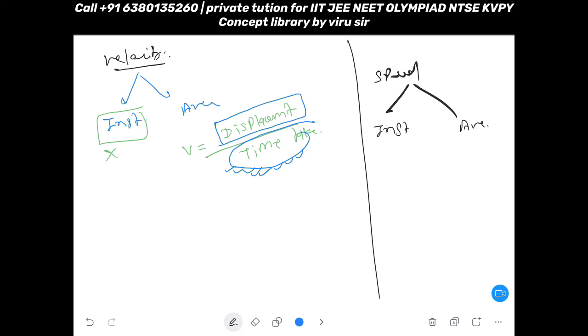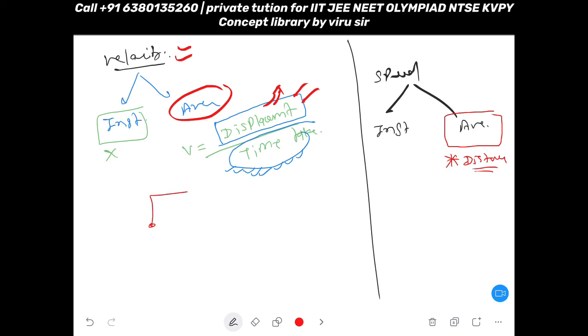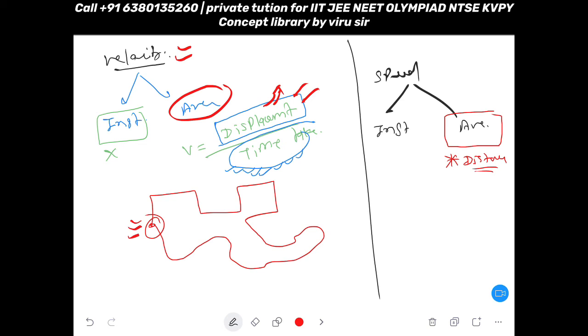Only one thing is changed: in the average speed formula you have distance, but in the average velocity formula you have displacement. And you already know that your displacement can be zero if you come back to the same point, but your distance will never be zero. Suppose you start a journey from here, you went here, here, here, and finally reach here. Your initial and final position is the same, so your displacement is zero, so your average velocity is zero.